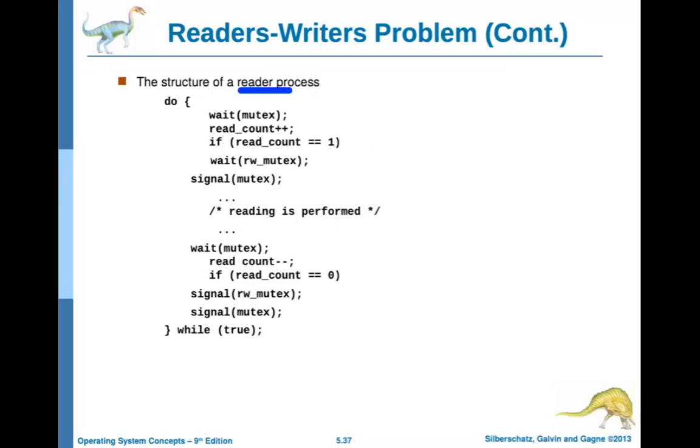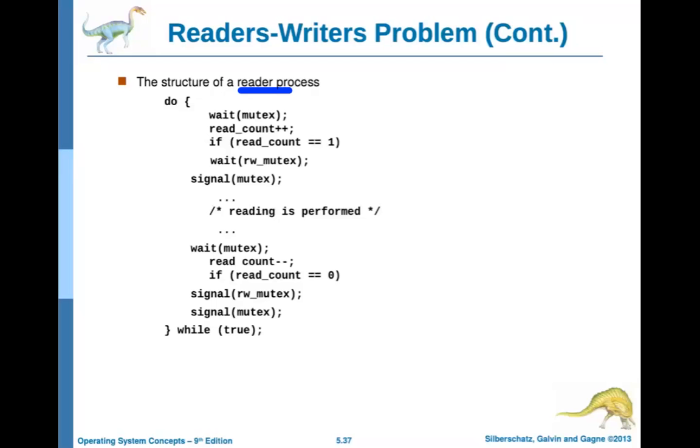That is the mutex. Whereas if somebody is reading, then we can immediately allow other readers, because a writer is definitely not there, and for that we utilize the read count variable.